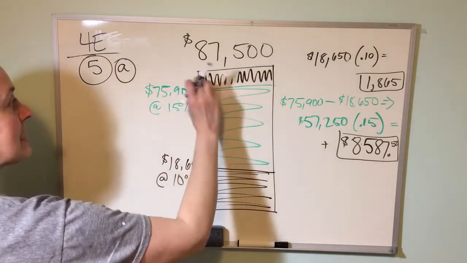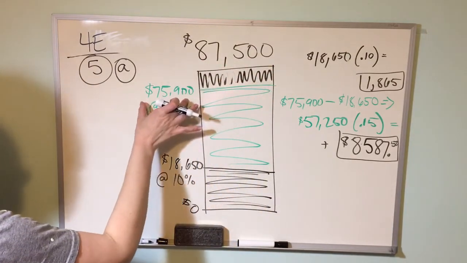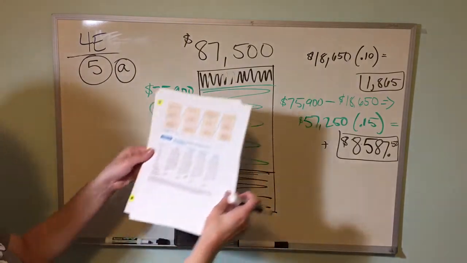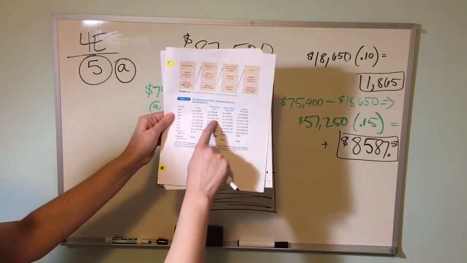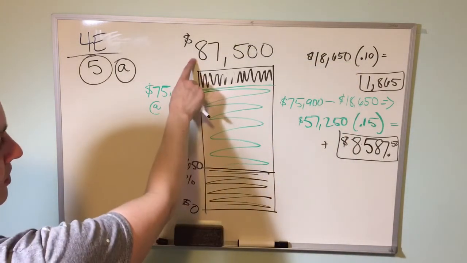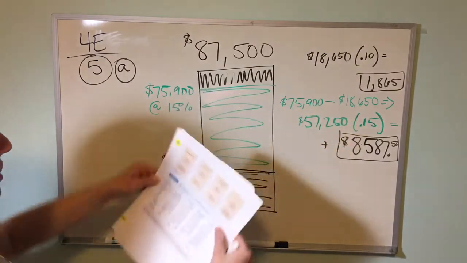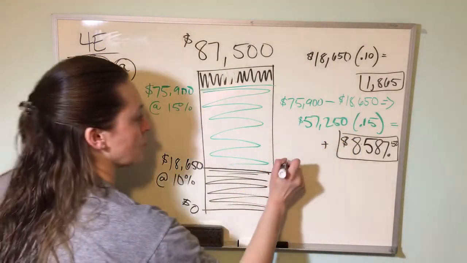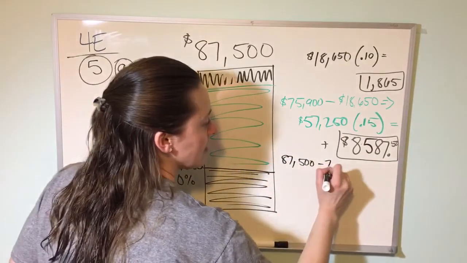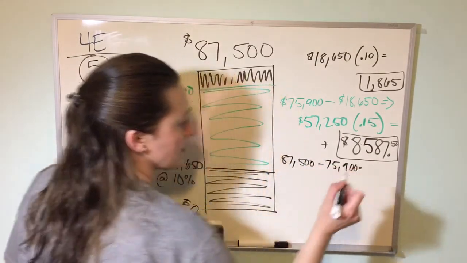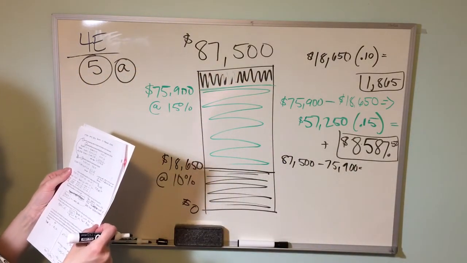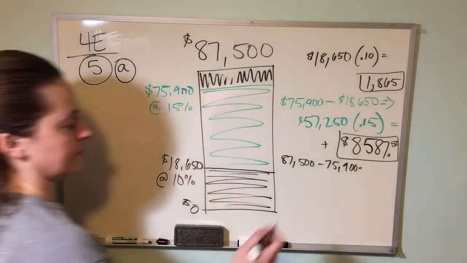So now to figure out what this is, I'm going to take this minus this, and it's going to be taxed at what rate? If you go back to your tax rate chart, we're saying, okay, well, up to $153,100, but of course they didn't make that. They only made $87,500. So the difference between these two, $87,500 minus $75,900 equals $11,600.